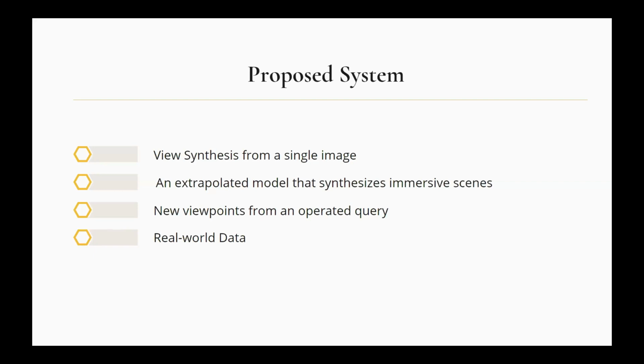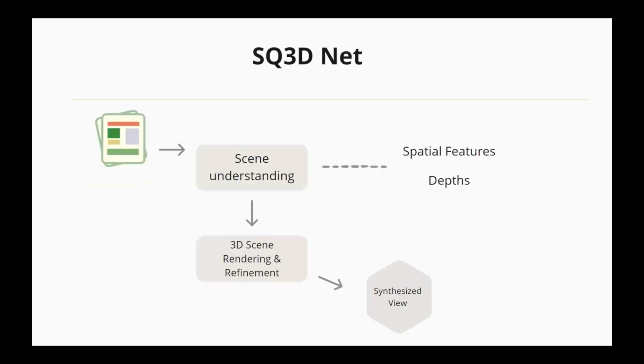Also, the 3D component inside our generative model allows for an interpretable manipulation of the latent features. That is, we have a 3D module where we can animate the output, like animate the trajectories from the generated view. Also, besides handling synthetic data, we worked with real world data, like real world indoor and outdoor scenes.